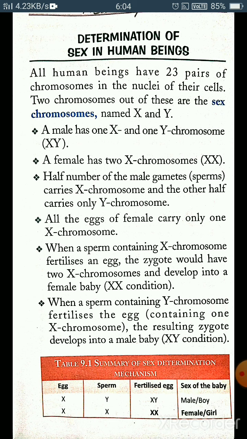As human beings contain 23 pairs of chromosomes in the nuclei of their cells, two chromosomes out of these are the sex chromosomes. They are named X and Y. Male have both X and Y chromosomes, whereas female has only the same type of two X chromosomes. So half of the male gametes contain X chromosomes and half carry only Y chromosomes.